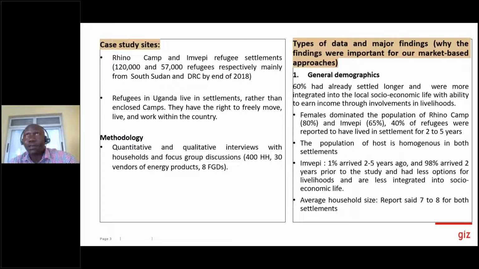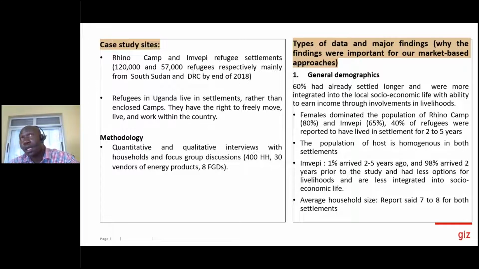It had an impact on our design of the models that we would later implement. Generally, in the host community, the population is homogeneous, with both women and men. Overall, Rhino Camp was a slightly more mature settlement than Mvepi.